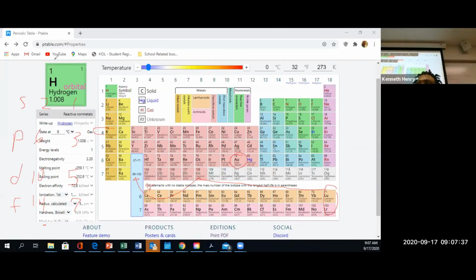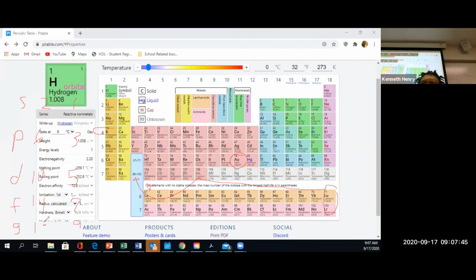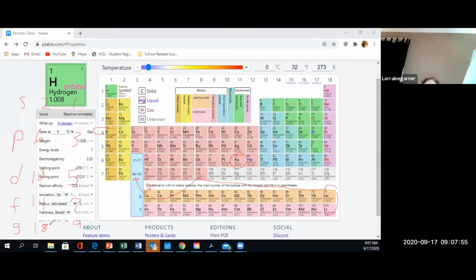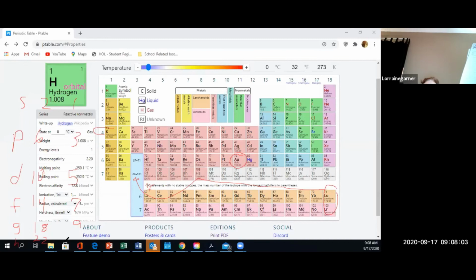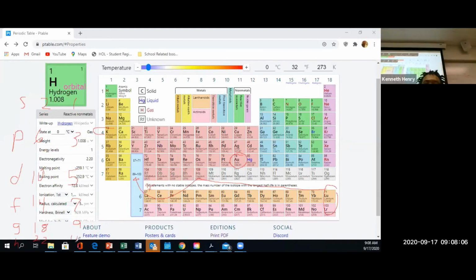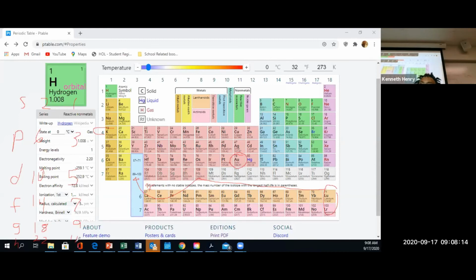So it'll be 9 orbitals, but 18 would be the maximum amount of electrons it holds. Okay, so if I had an H, what would that be? H would be 22. That's right, 11 orbitals. Okay, you guys all see that? Yes. It's a beautiful pattern. You want to keep that in mind.